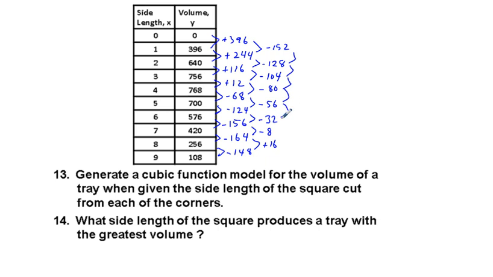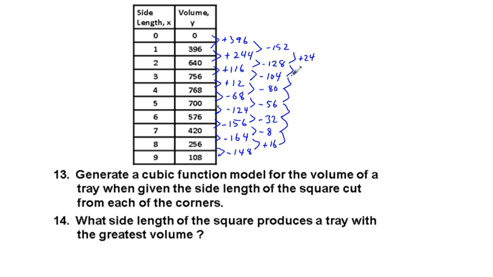Okay, so those will be our second differences. And now we get to our third differences, which is going to determine our a value here. So we have negative 128 minus negative 152. So that's going to be plus 24.